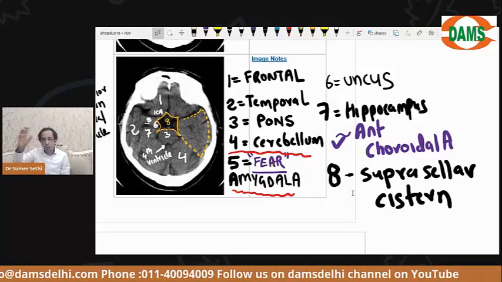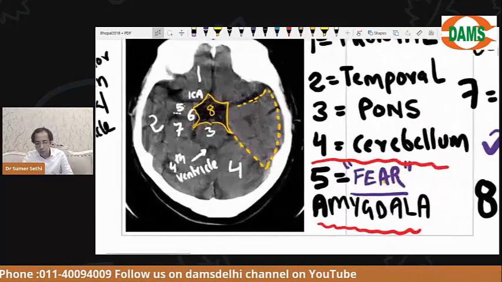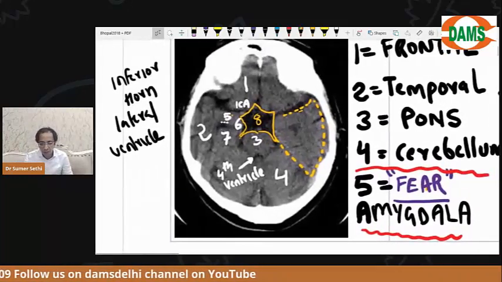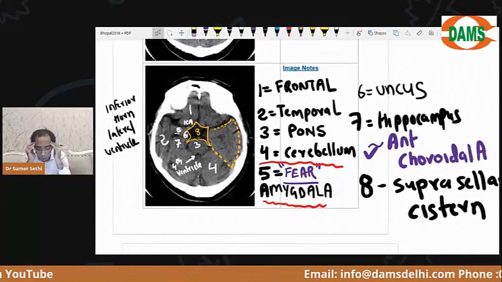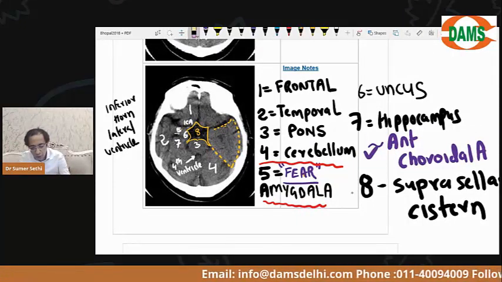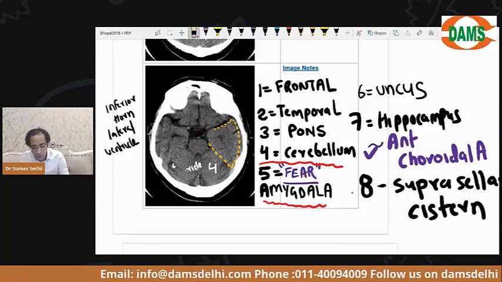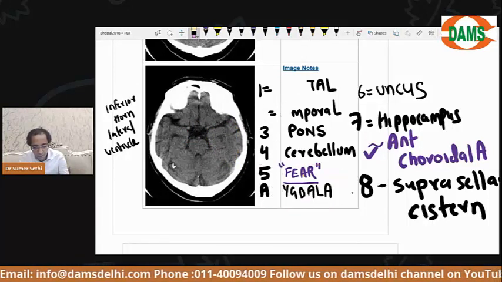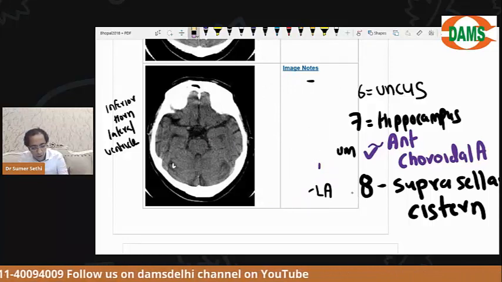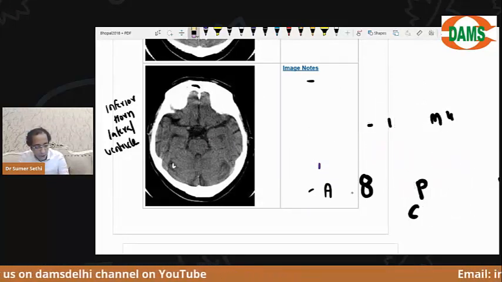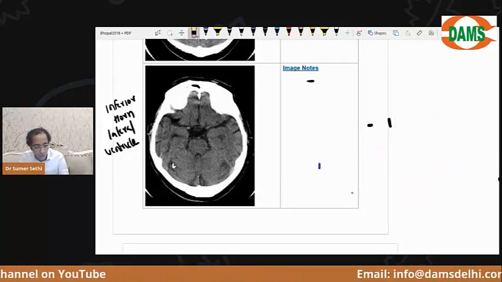In the temporal lobe between 5, 6, 7, we saw that CSF space, that was the inferior horn of the lateral ventricle. Clear. Now, this is the anatomy that we needed to know. But the key here is we need to know how the clinical question will be structured. So I'm removing everything. I am sure you had taken a picture. I'm cleaning up my slate. I'll create some clinical questions for you.